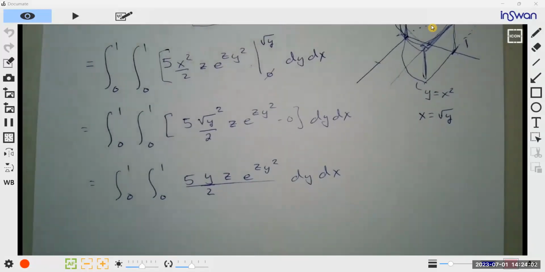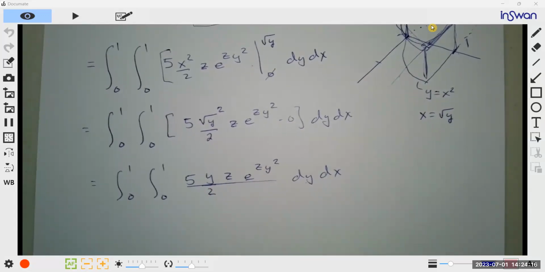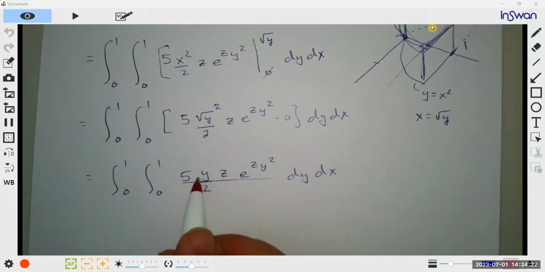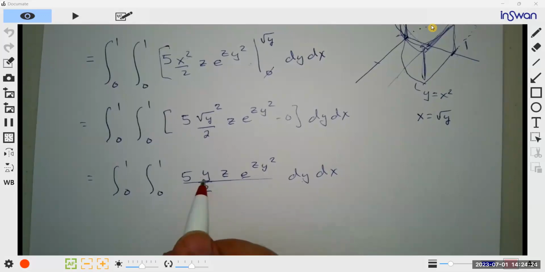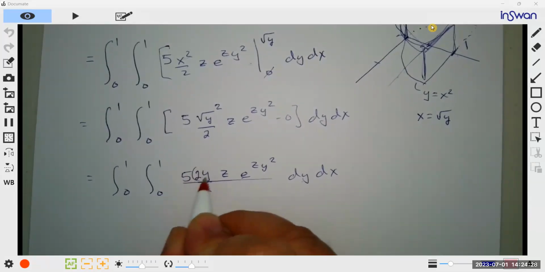Now follow along, because the derivative of e to the z y squared with respect to y is the derivative of the top, which is 2yz e to the z y squared. So to make this a true derivative of that, I have to put a 2 here.